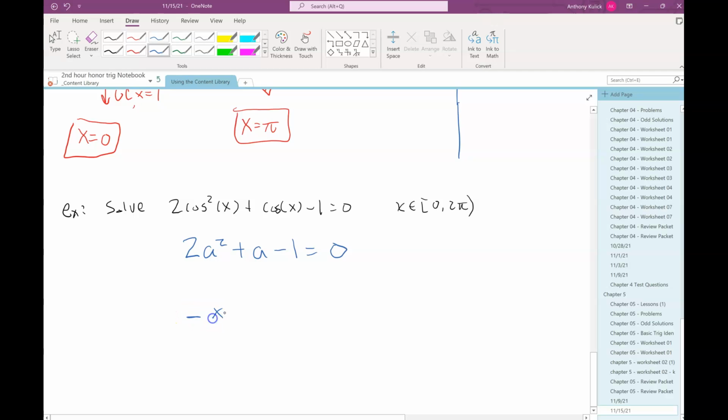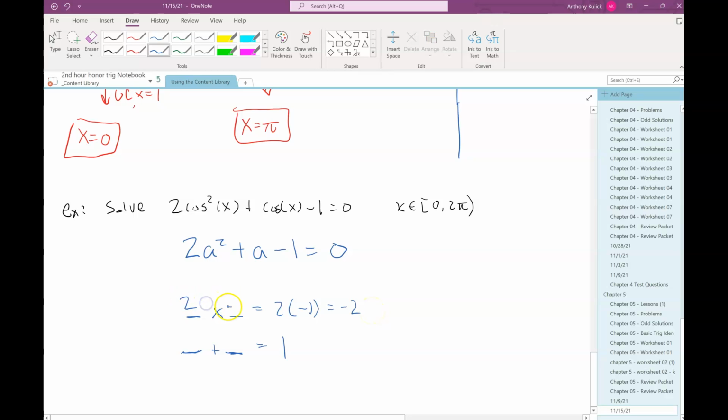So I'm going to look for two numbers that multiply to give me the leading coefficient times the constant term, and then those same two numbers need to add to give me the linear term's coefficient. So what two numbers multiply to give us -2 and add to give us +1?